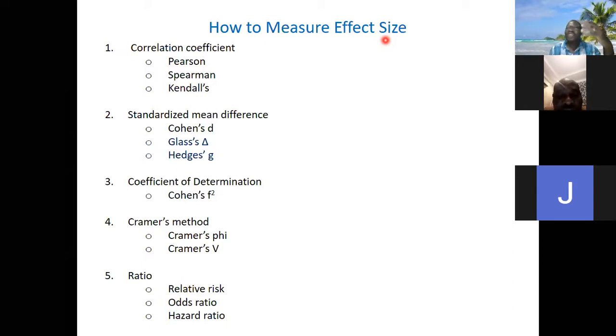But what we have is actually the ratio of the coefficient of determination and the coefficient of non-determination. We'll discuss that. Then Cohen's method, this method and the third method, they are pointing towards quantitative outcome.